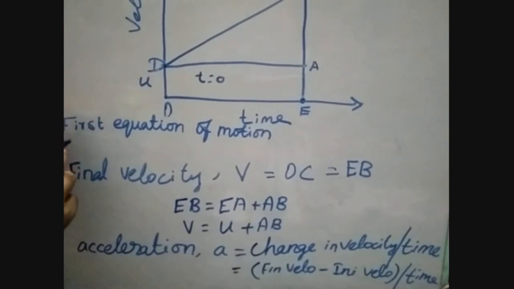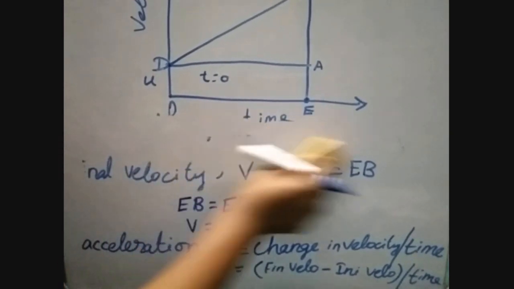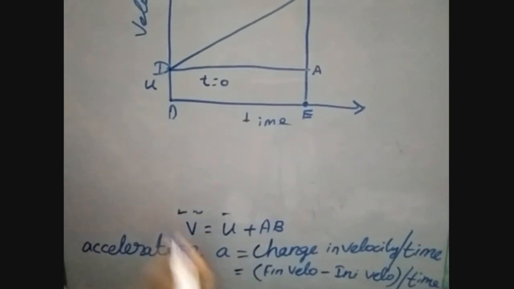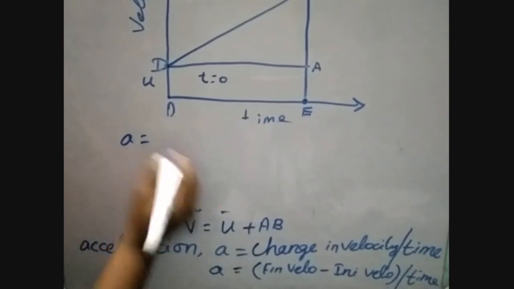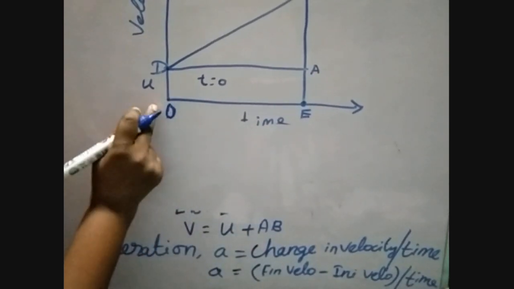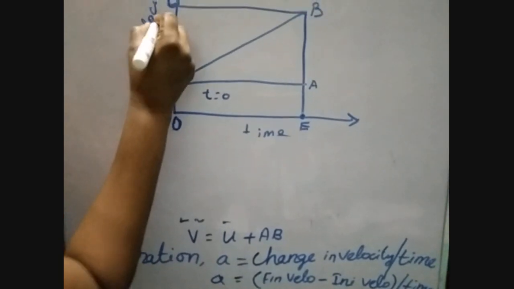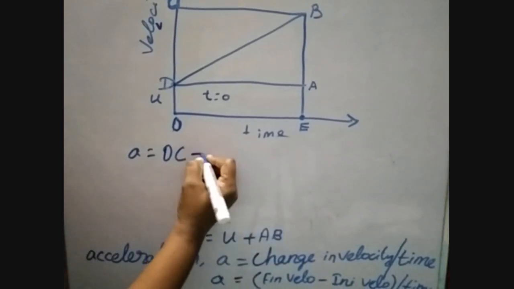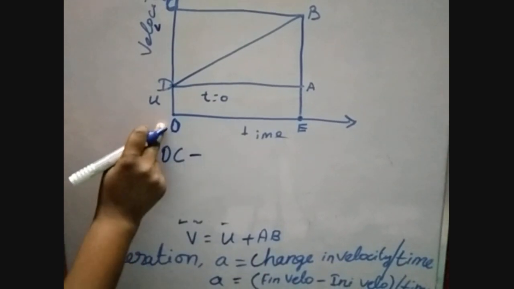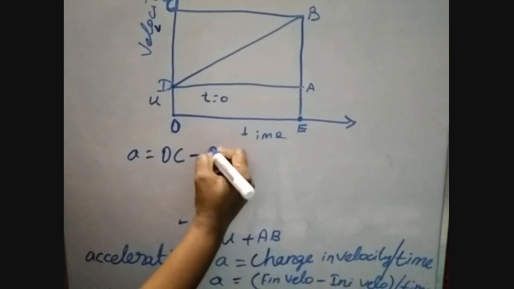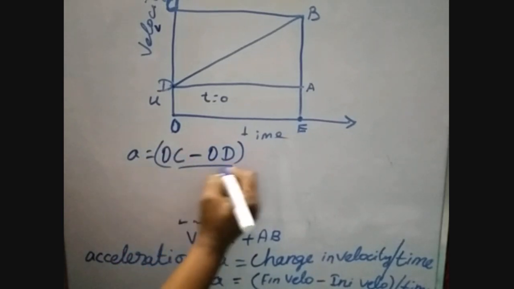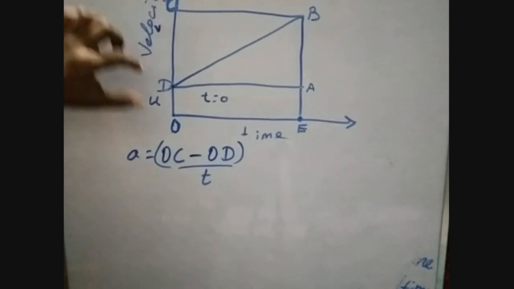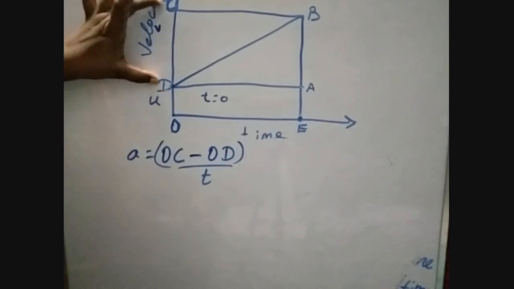Now, from the diagram, what's the value of final velocity? Here a is equal to final velocity, that is the distance OC, which is V. So, OC is the final velocity minus initial velocity, which is the distance OD, divided by T. Now, from the portion OC, if we subtract OD, we have DC.